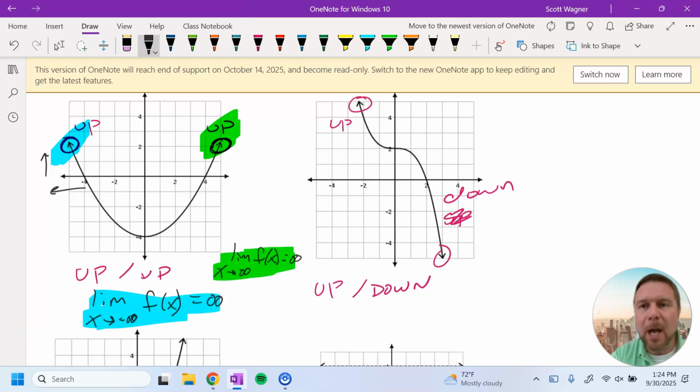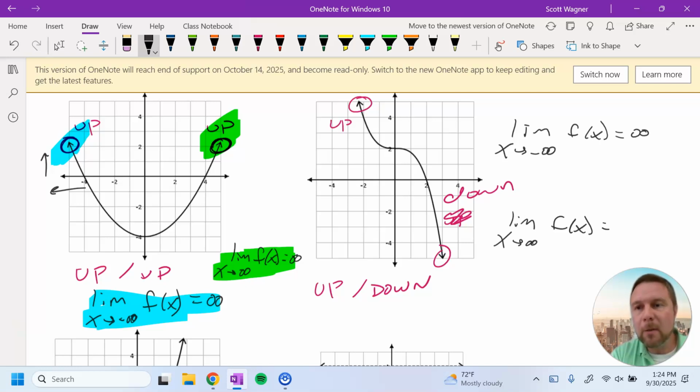Okay, let's try another one here. This graph right here, I'm going to say the limit as x approaches negative infinity of the function f of x is going to go up. So it's going to equal positive infinity. And then the other side of this, the limit as x approaches positive infinity of the function f of x, well, this time it's going to go down, because if I go to the right side of the graph, it's going to go down to negative infinity.